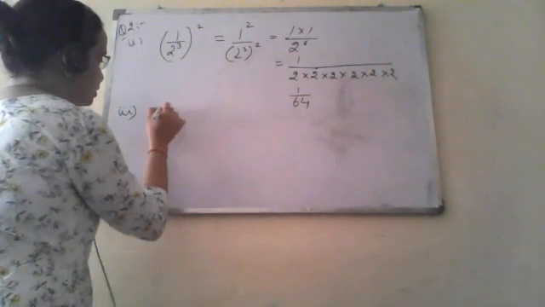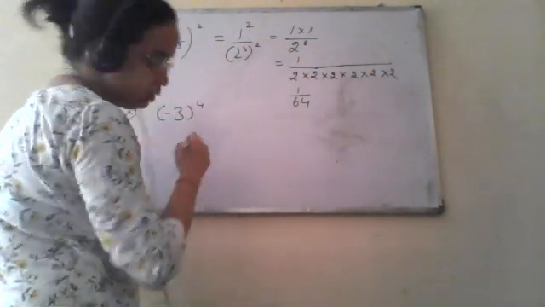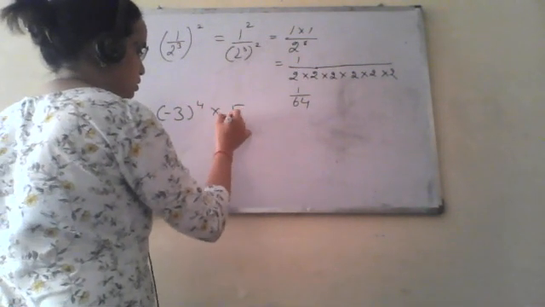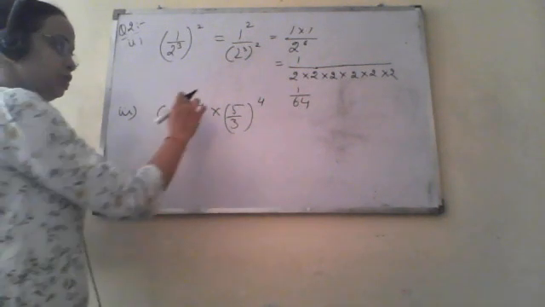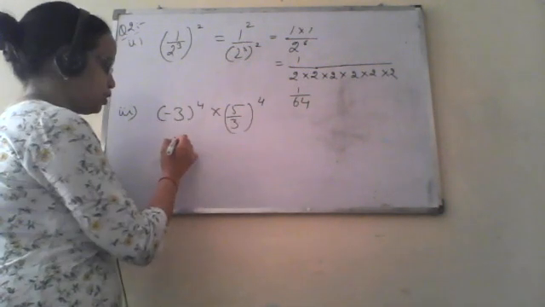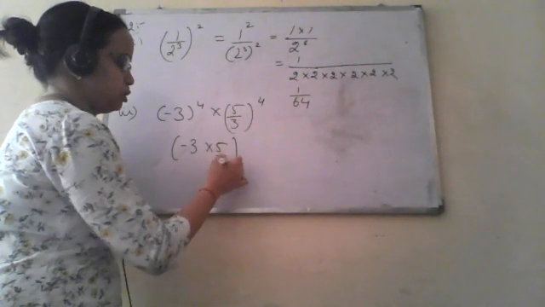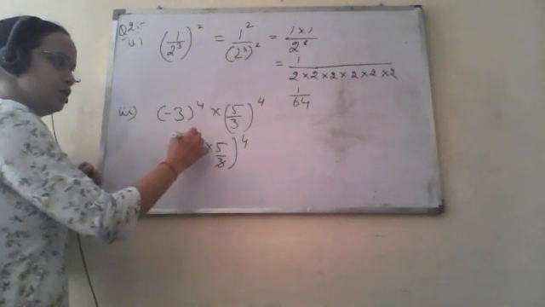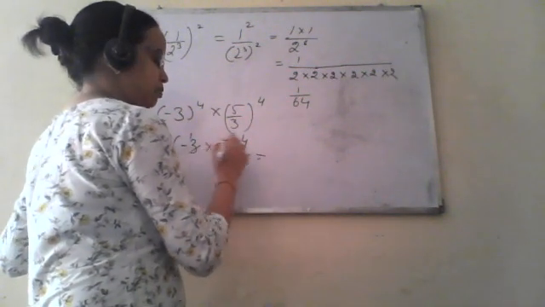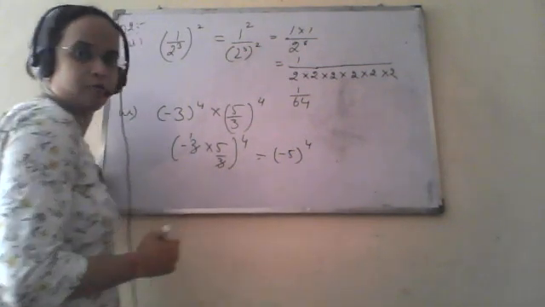Now third part is, here we have minus 3 to the power 4 and plus 5 to the power 4. Now their powers are the same, so it can be written as minus 3 into 5 upon 3, to the power plus 4. Now 3 will get cancelled out. So in the bracket we have minus 1 into 5, that is minus 5 to the power plus 4.